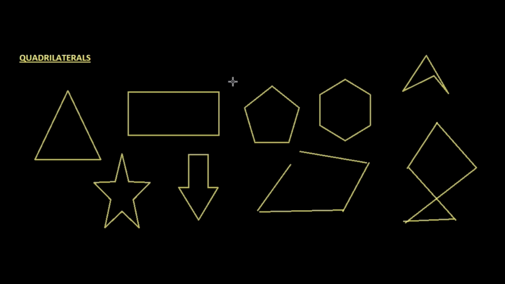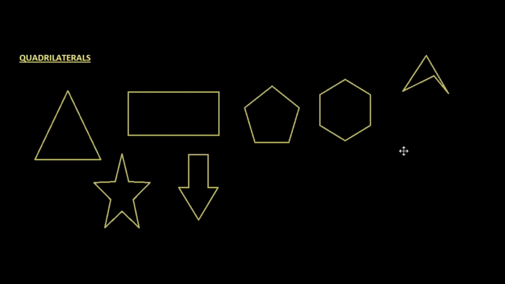Is this a polygon? This is not a polygon because even though it is closed, it is not entirely made up of line segments. It has got only one line segment and the other is a curve. So a polygon cannot have a curve. So let us delete all those which are not polygons, and then we'll discuss only the polygons that we are left with.